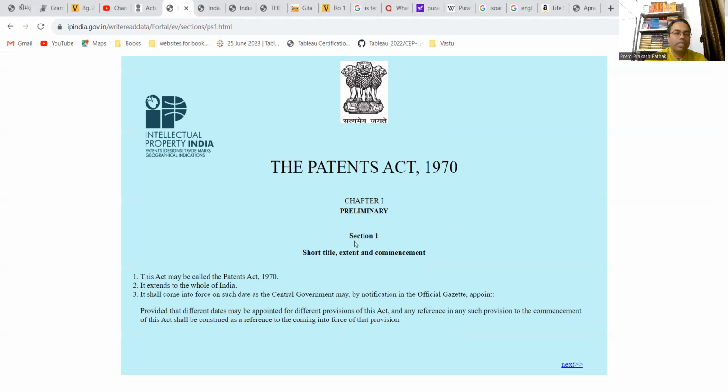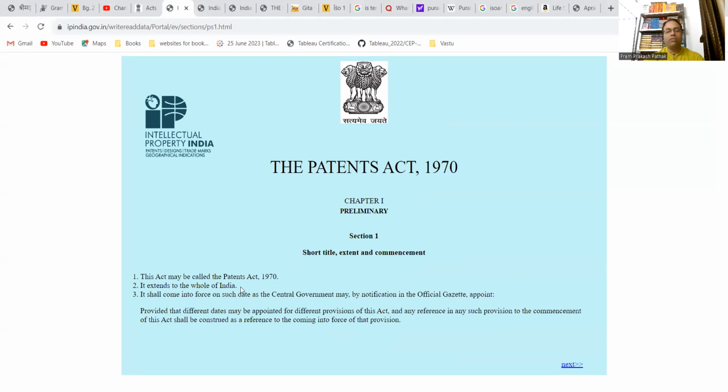And Section 1, subsection 2, it says it extends to the whole of India. So there is no limitation in India, meaning whatever parts are covered in India, states and geographical locations, whatever is covered within Indian jurisdiction, everywhere this act is valid.